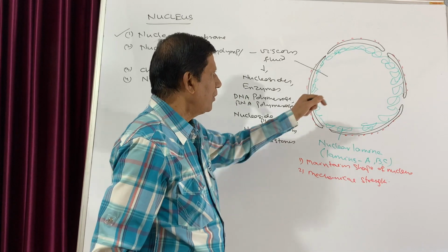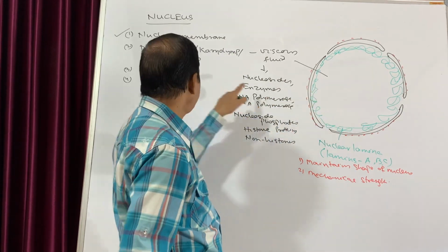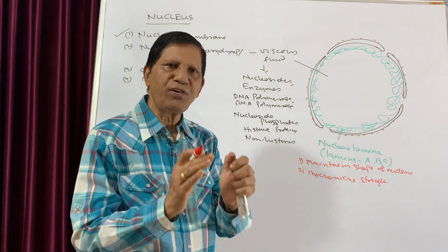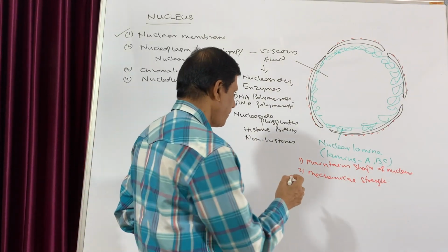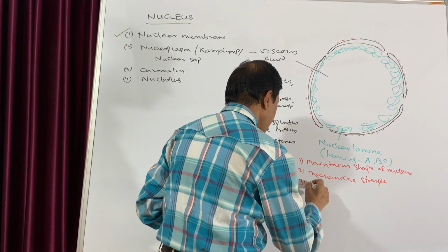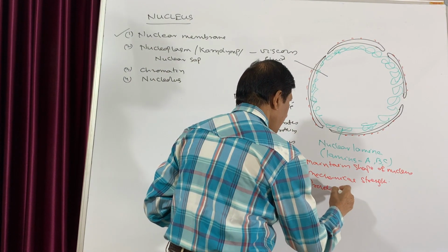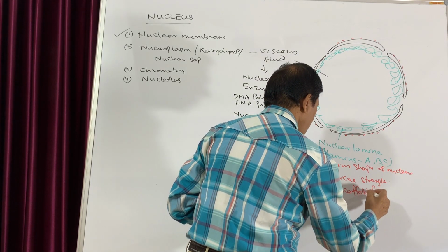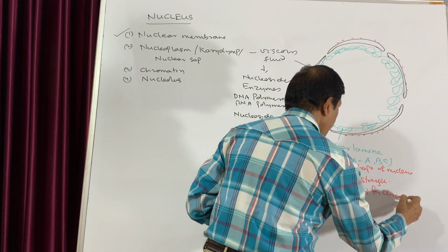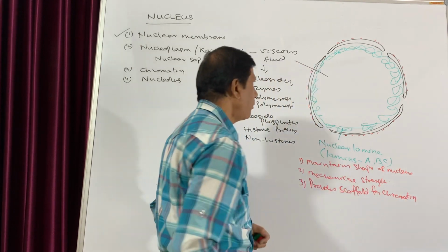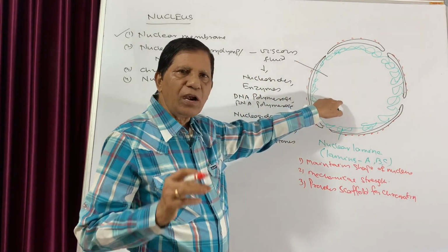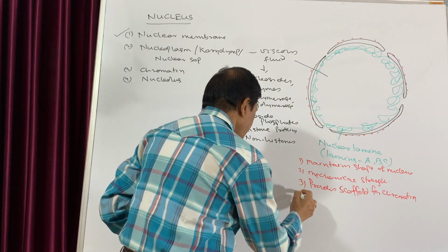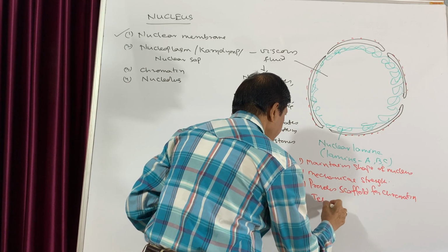Then within this nucleoplasm, the third one, chromatin, is present, so the lamina provides a scaffold for the chromatin network. Another point is that the telomeres of the chromatin are attached to this nuclear lamina.